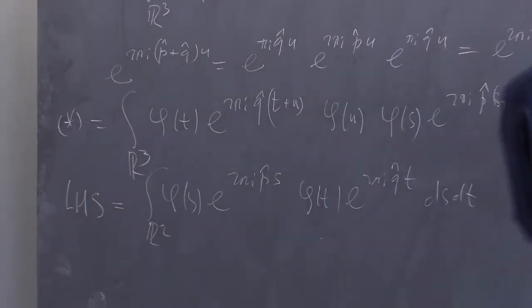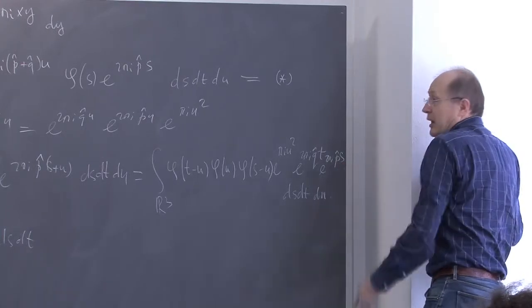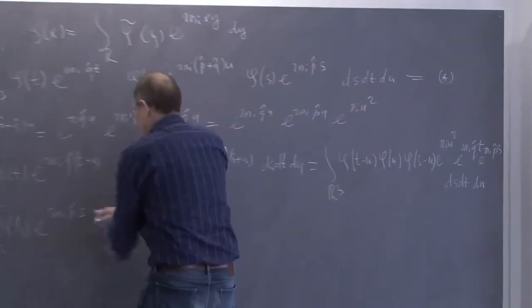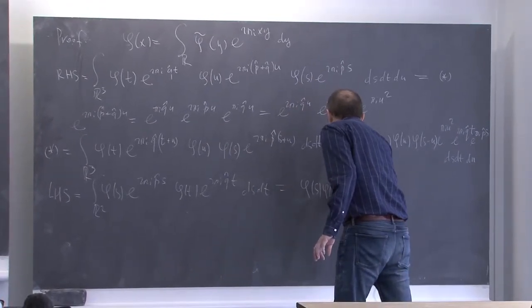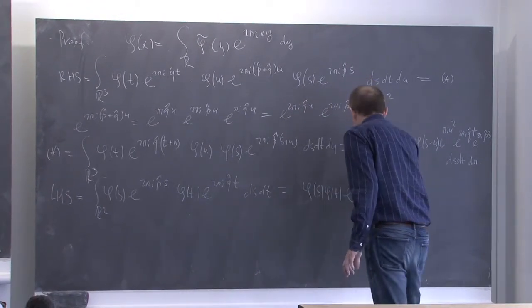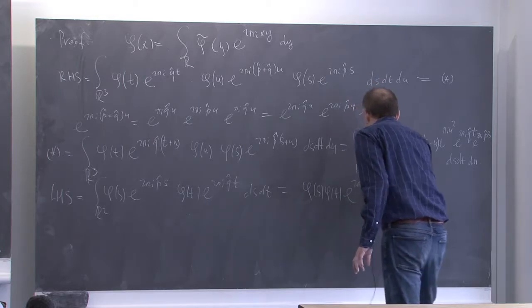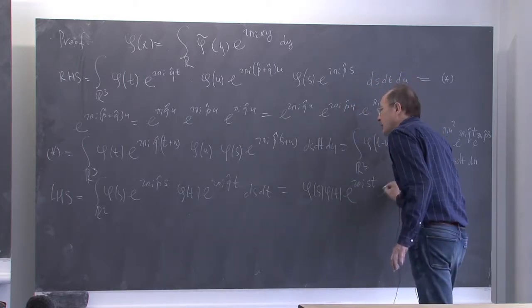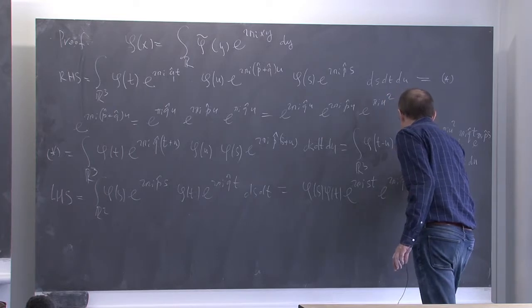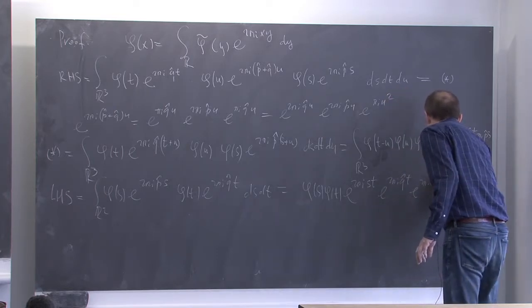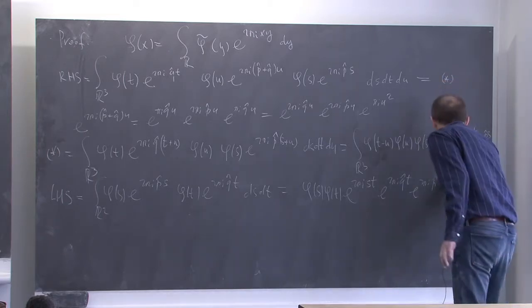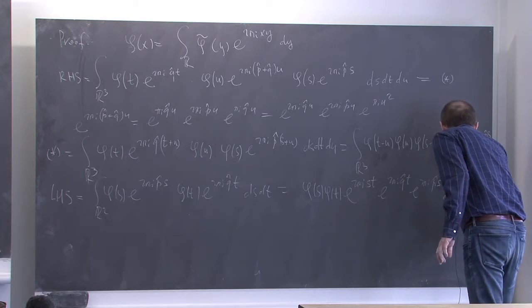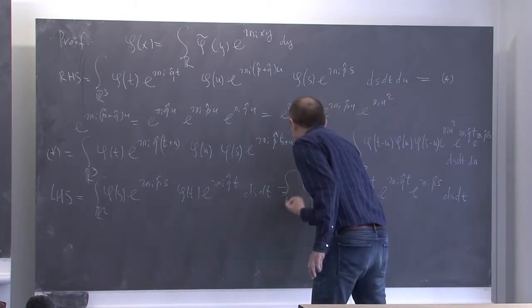And now, because in the right-hand side we put first q̂ and after p̂, we have to exchange their order. So we get phi of s, phi of t, and the result of exchanging is e^{2πi st}, e^{2πi q̂ t}, e^{2πi p̂ s}, ds dt, double integral over R².